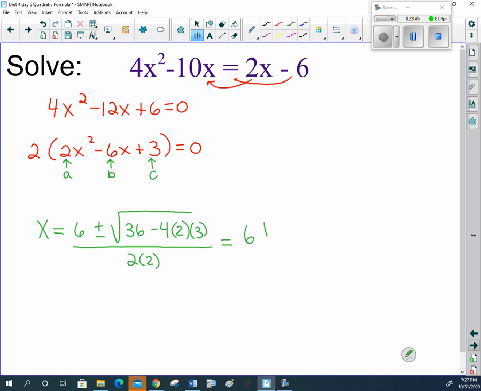So 6 plus or minus, and remember you want to just figure out what is the number under the radical without the square root symbol. So 36 minus 4 times 2 times 3 equals 12, over 4. All right, so now I'm going to reduce my radical. So that's going to be 6 plus or minus 2 root 3 over 4.